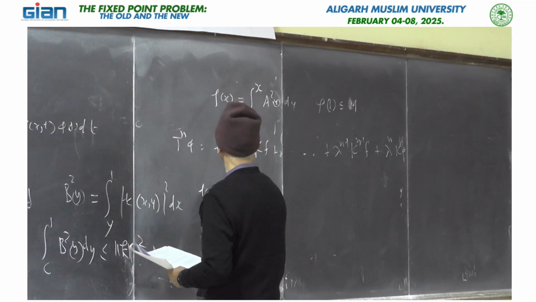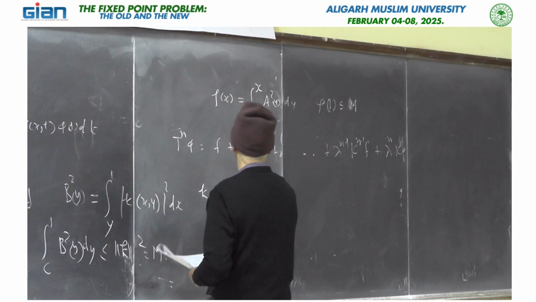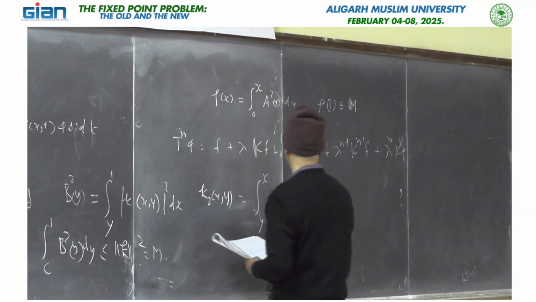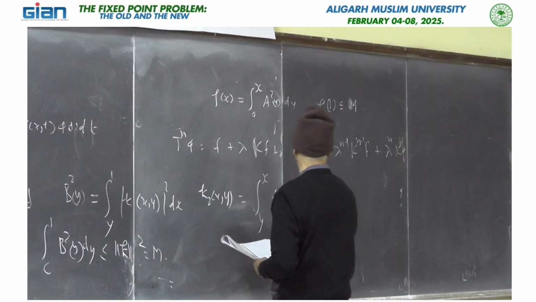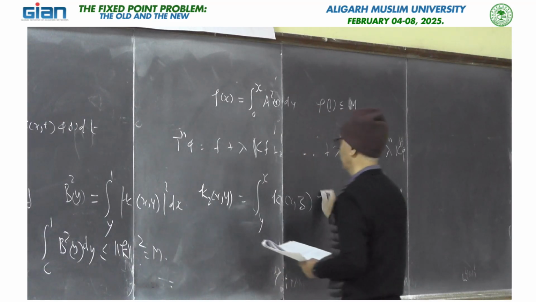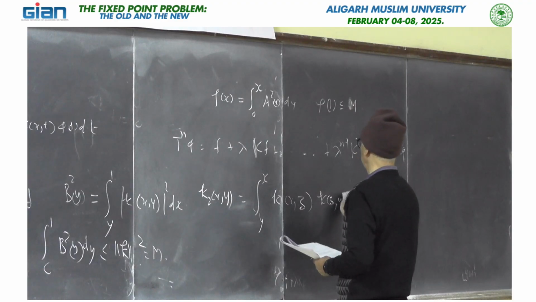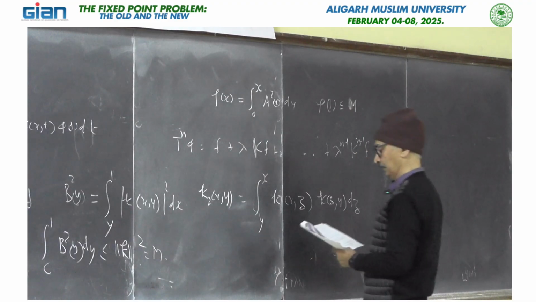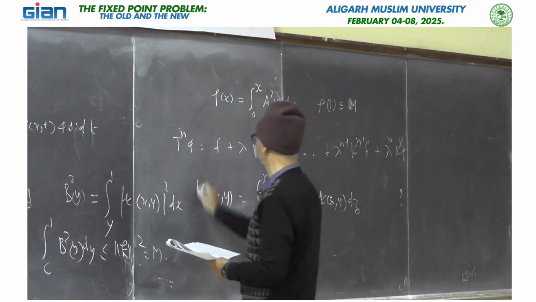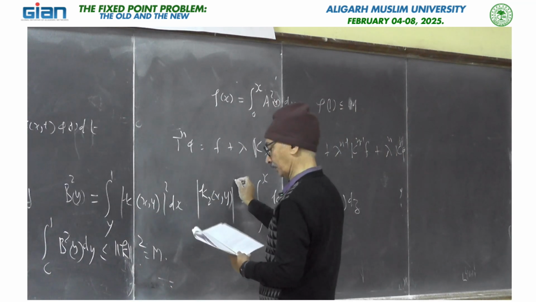So what is K2? K2(x,y) is the integral from y to x of k(x,z) k(z,y) dz.